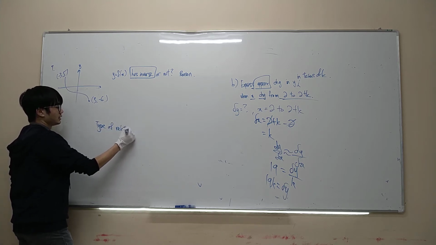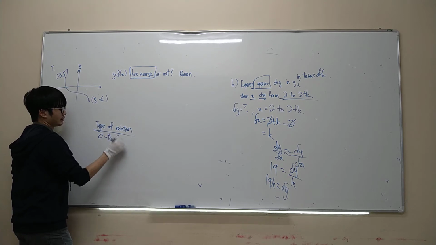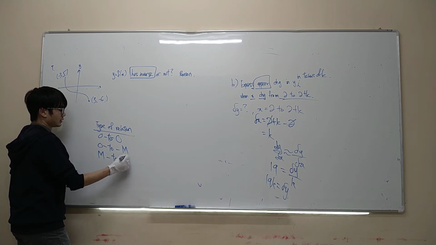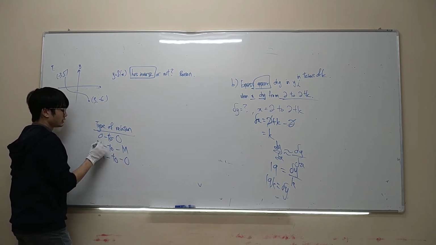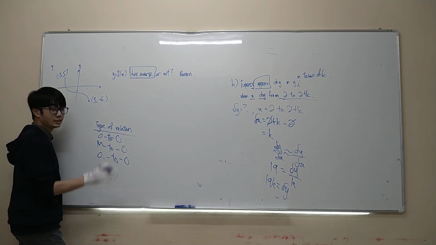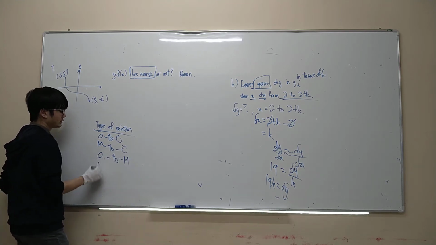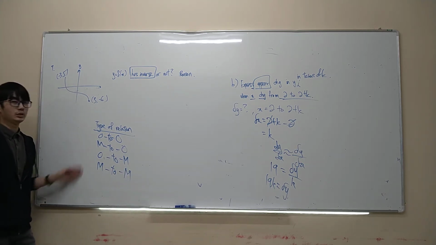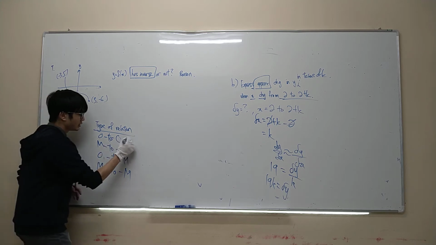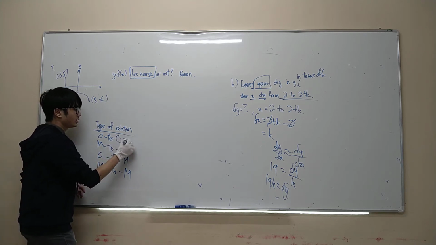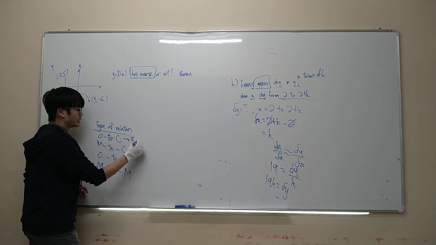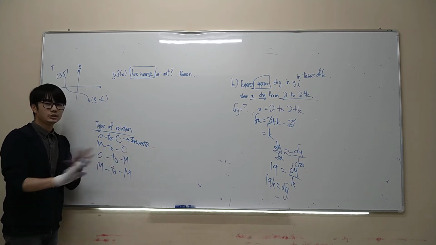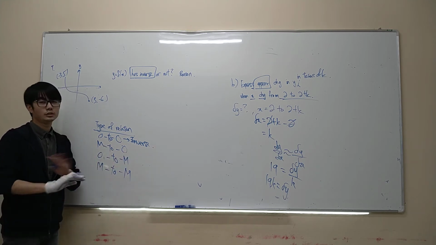You have one-to-one, many-to-one, one-to-many, and many-to-many. Of these 4 types of relation, which one has inverse? Only one-to-one. Only a one-to-one relation has inverse. Meaning many-to-one has no inverse, one-to-many has no inverse, many-to-many has no inverse.